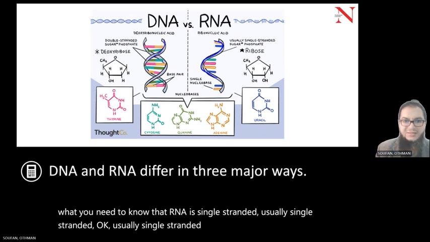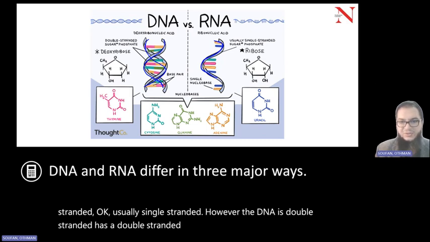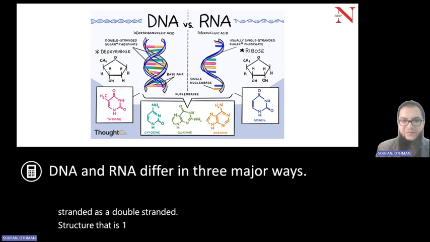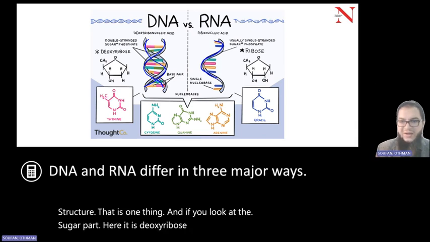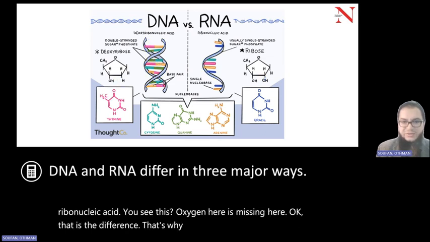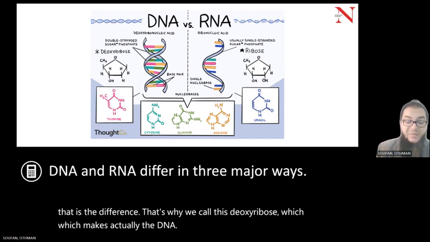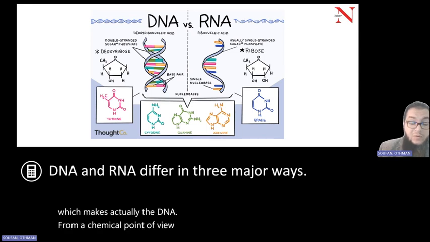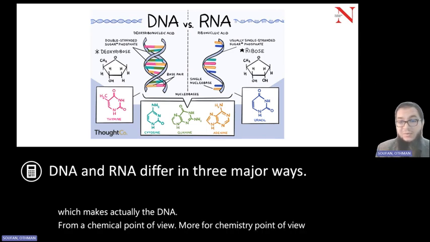However, DNA has a double-stranded structure. That is one thing. And if you look at the sugar part here, it is deoxyribose, and for the RNA it's ribose. You see this oxygen here is missing. That is the difference. That's why we call this deoxyribose, which makes the DNA, from a chemistry point of view, more stable than the RNA.